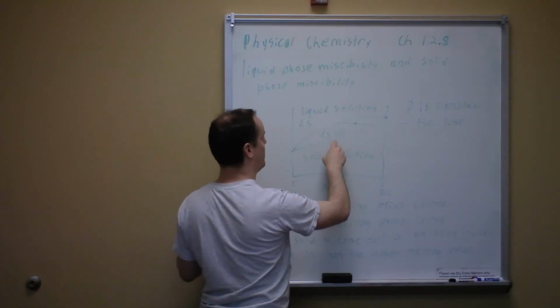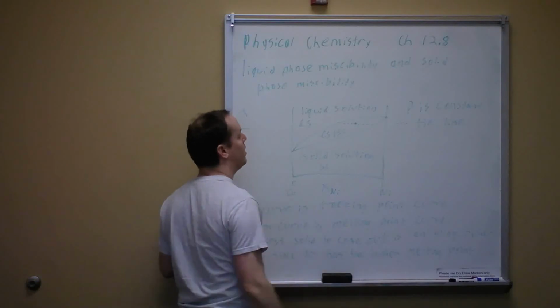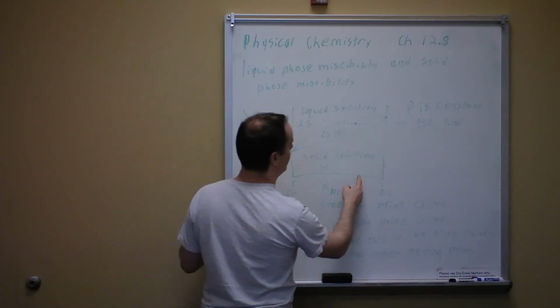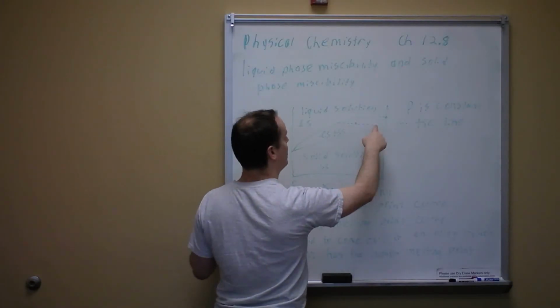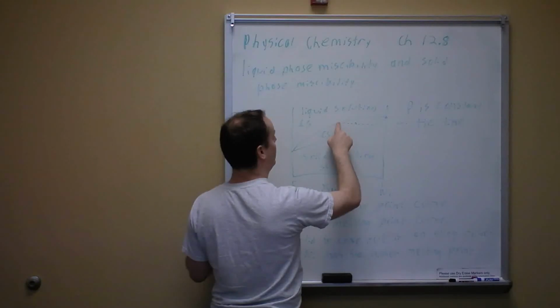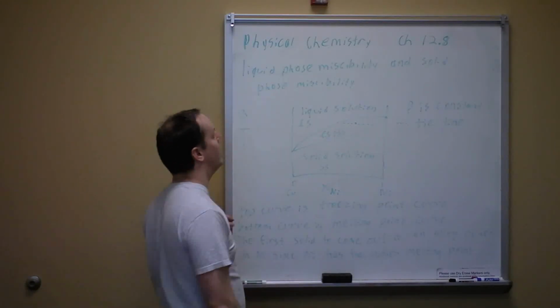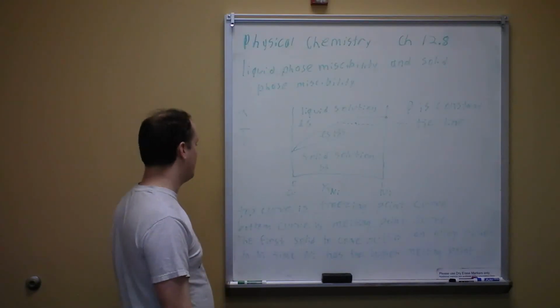In between, of course, at any mole fraction, except for pure substances at the end, you're going to have both liquid solution and solid solution. So if you come up here, you go to this point, your solid solution is going to be this mole fraction, and your liquid solution is going to be this mole fraction, because this horizontal dotted line, that's your tie line, just like we did before. It's the same for every two-component phase diagram.